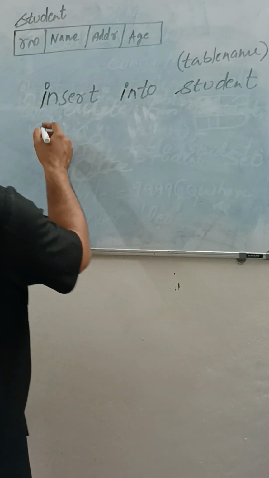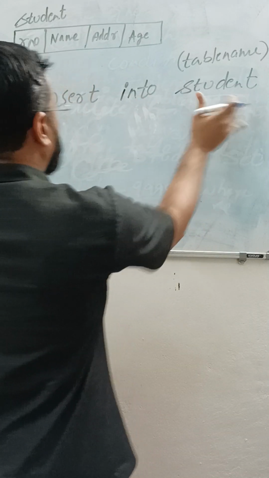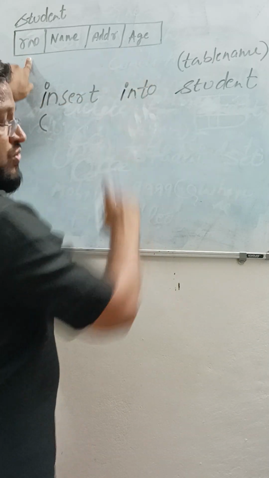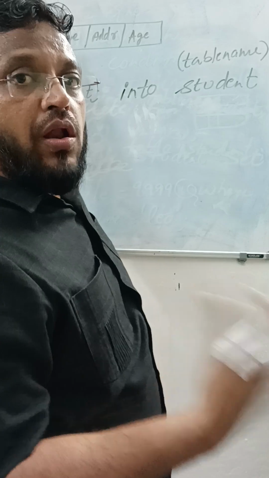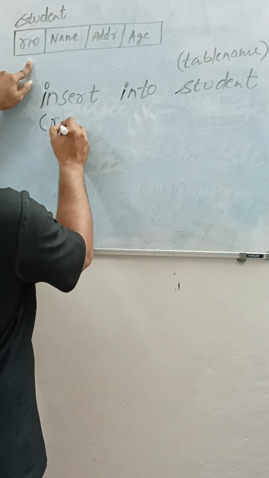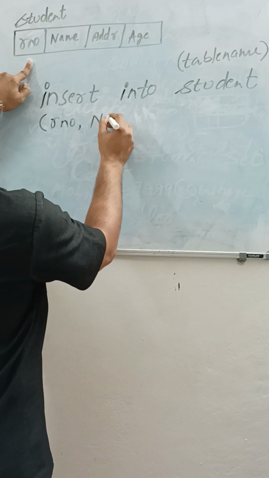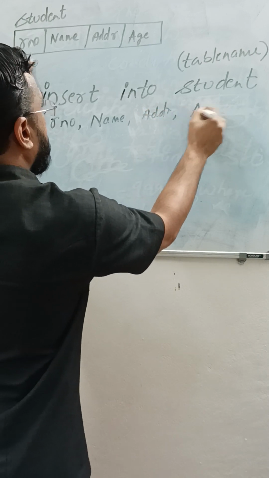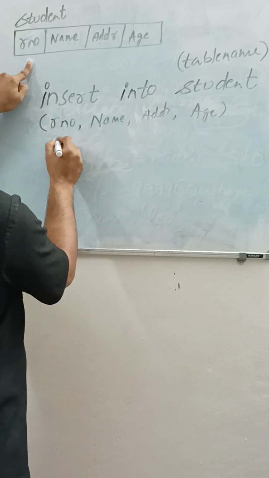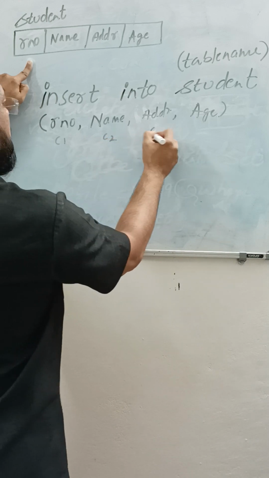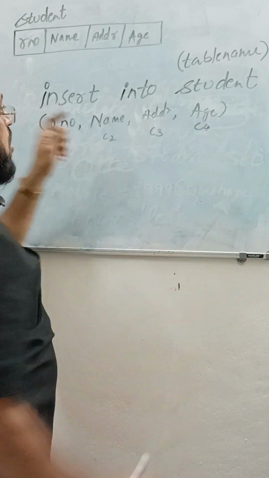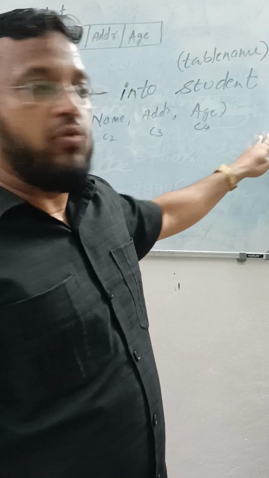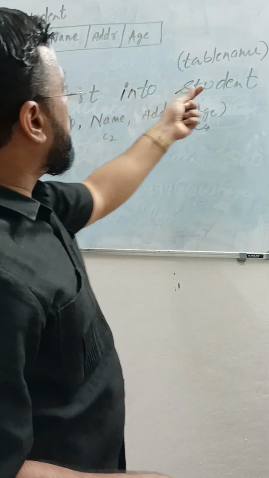In one, I write insert into student, then I write the column names: roll number, name, address, age. So this will be column 1, column 2, column 3, column 4. If you have one more, we can just put a comma and write that column name. So four columns.